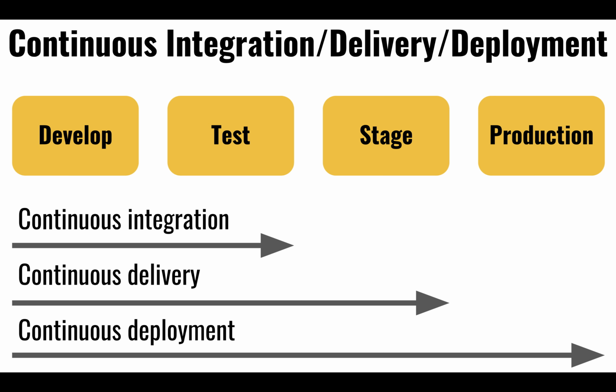Now, in complex processes in large corporations, you might have multiple environments where we only automate all the way up to a particular set of environments. But then there are some manual steps before making it all the way to production.